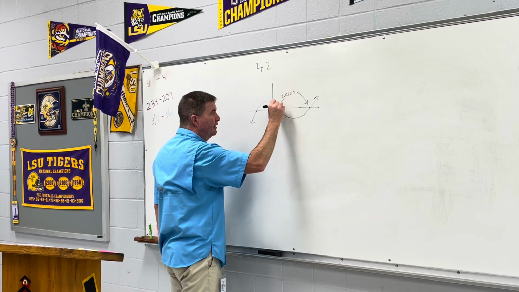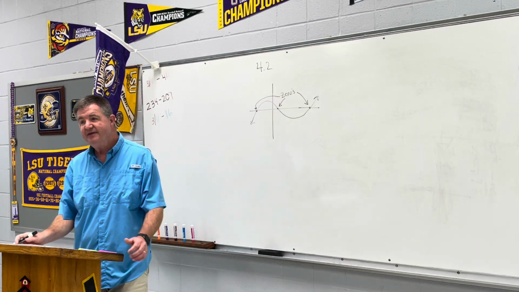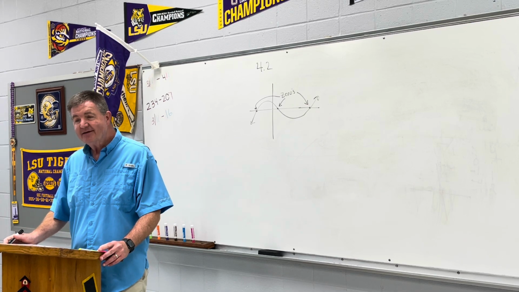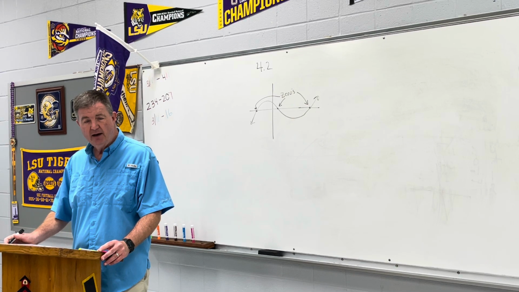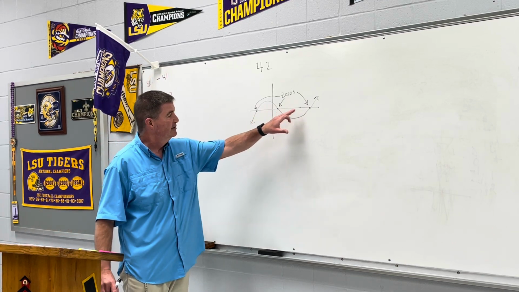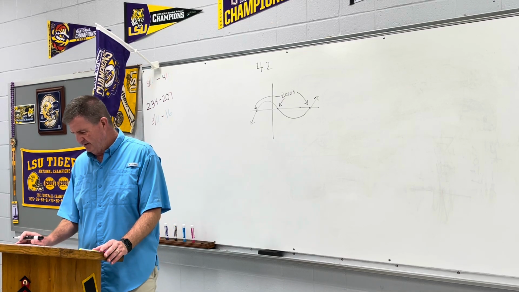Here, here, and there. In order to find the zeros, we take the function, we factor it, and we solve for the x's. When we solve for the x's, the answers are our zeros.